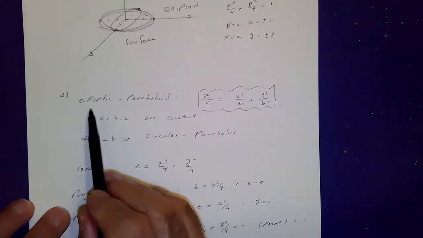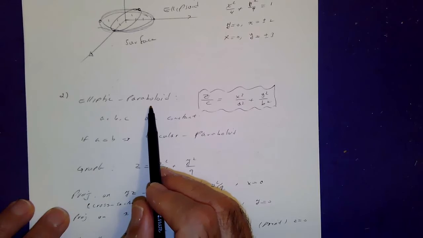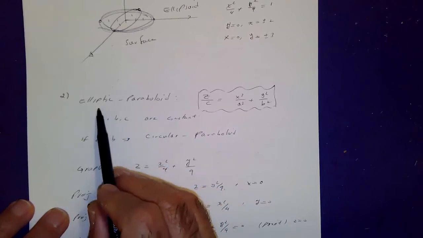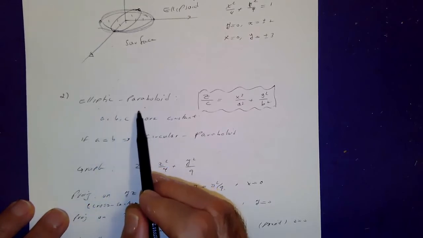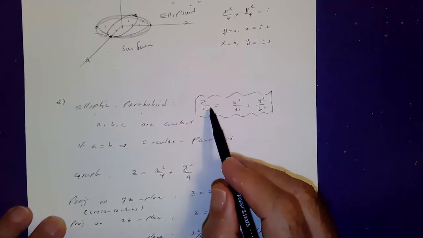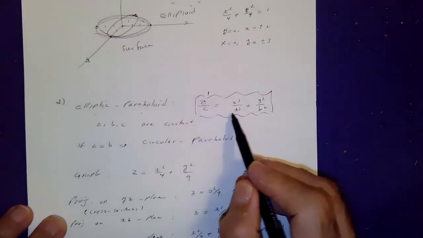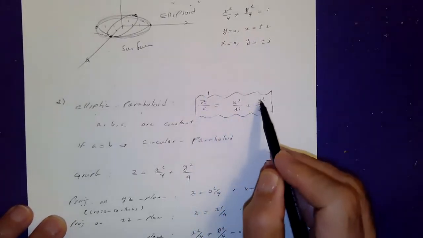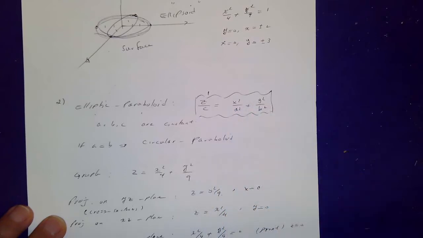The next one is called elliptic paraboloid. That's how you pronounce it, elliptic paraboloid. That just means one of the variables happens to have a power of 1, and it's equal to the sum of the squares of the remaining variables.